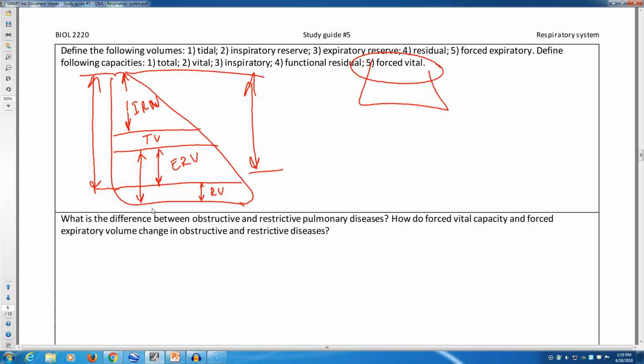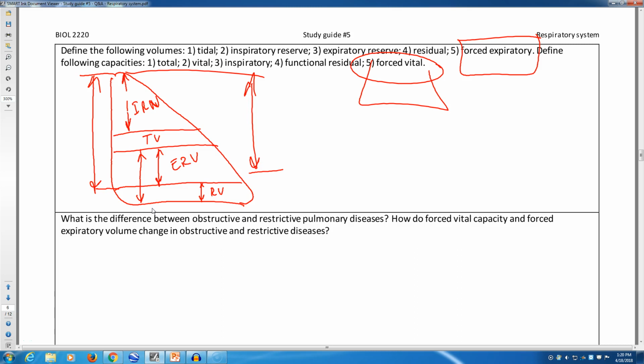Okay? Now, forced expiratory volume, what does it measure? Think about this. It measures the rate of flow. So it measures how much air you can expire in a given period of time. Does that make sense?